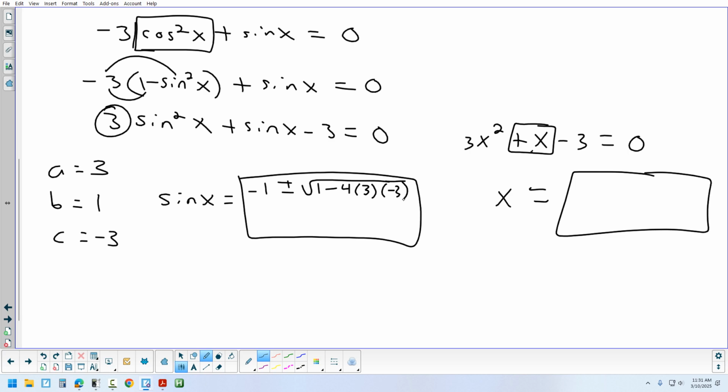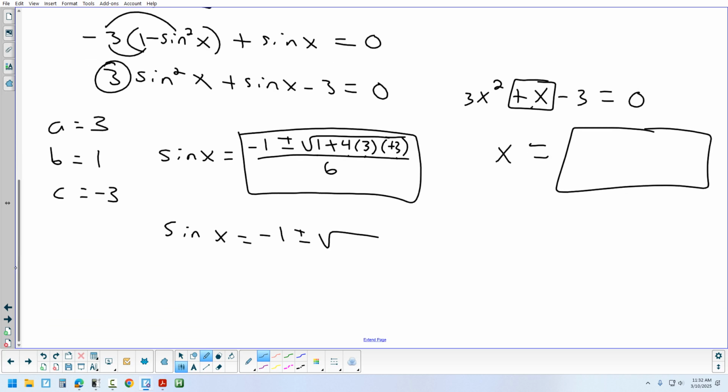It might become a plus, but it's not a plus yet. Divided by 2a. Okay. So that's sine x equals negative 1 plus or minus the square root of 1 squared minus 4ac. Yes, that does become a plus. What's 4 times 3 times 3? 36, plus 1. 37. Yep.